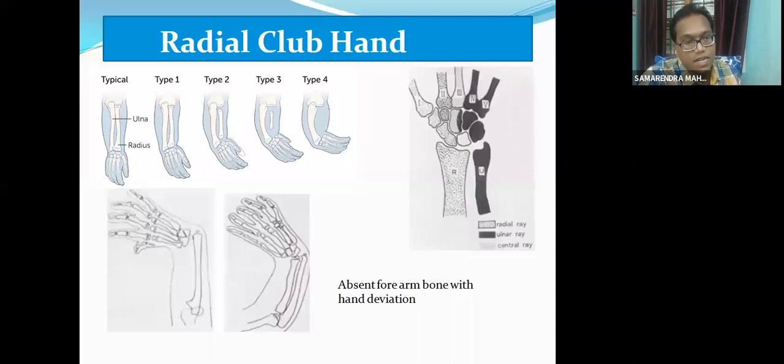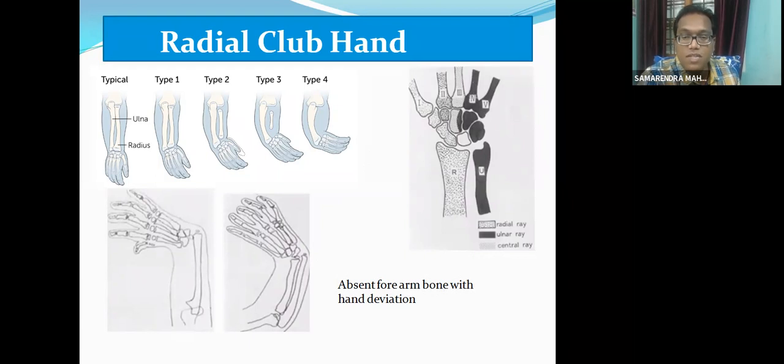As the severity of the disease progresses, the radius becomes progressively shorter, hypoplastic, and in the type 4, the whole radius is absent. The lower one shows the deviation of the hand due to radial aplasia, and the upper right image shows the ray area.